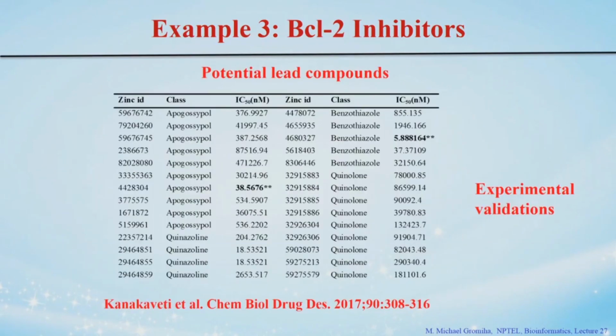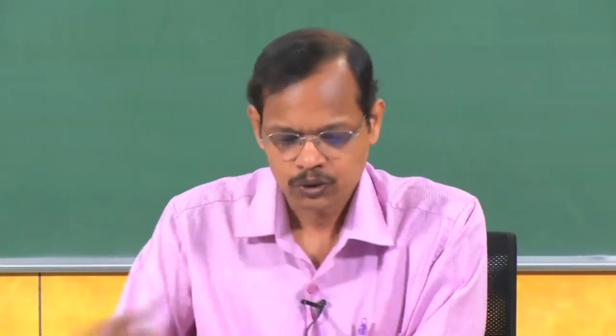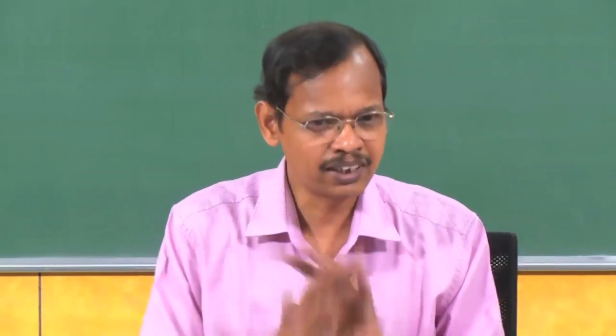Now we can predict on ZINC. How many data are in the ZINC database? Around 35 million, 40 million compounds. There are various databases with various numbers of compounds. For each family or each core, we can get the compounds in the ZINC database or any other database.